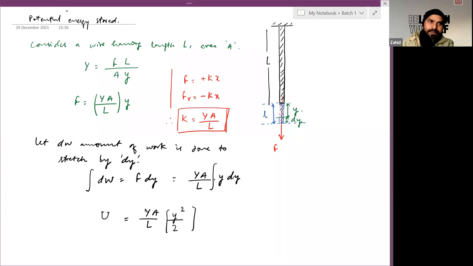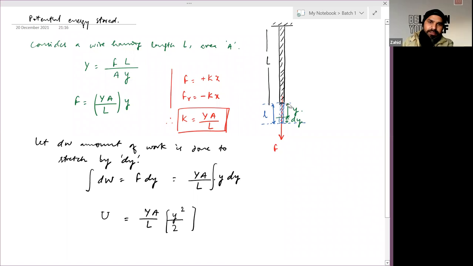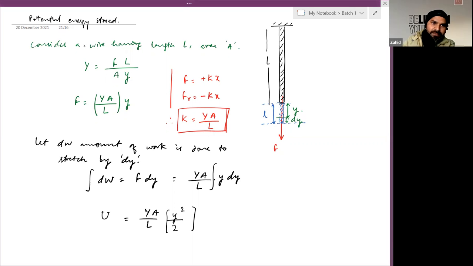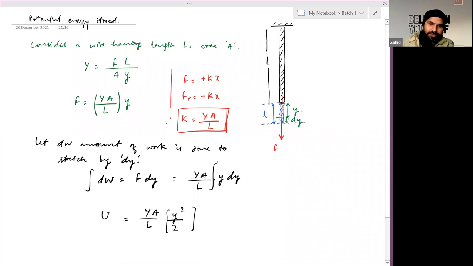Since the wire is initially at this point, when the value of y will be 0, last extension is up to this, so y will become L. So if you put the limit from 0 to L, YA divided by L into 2, upper limit L squared, lower limit 0 squared. So potential energy in this wire will be half YA divided by L times L squared.